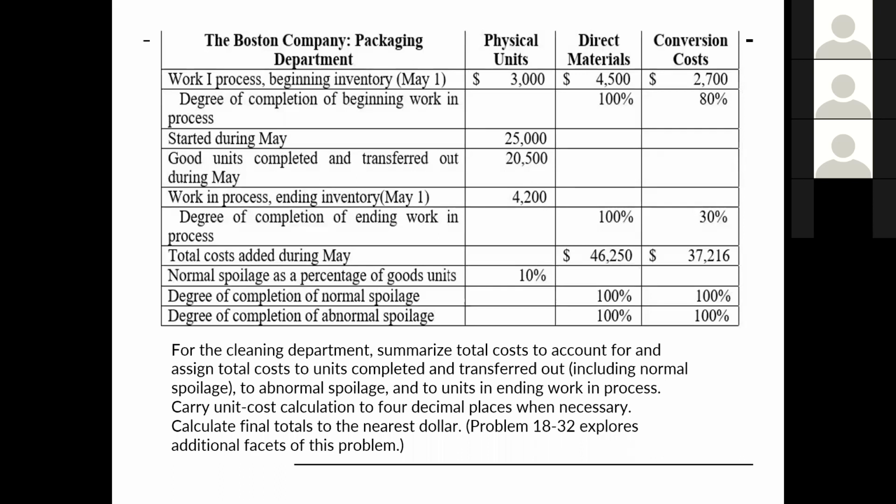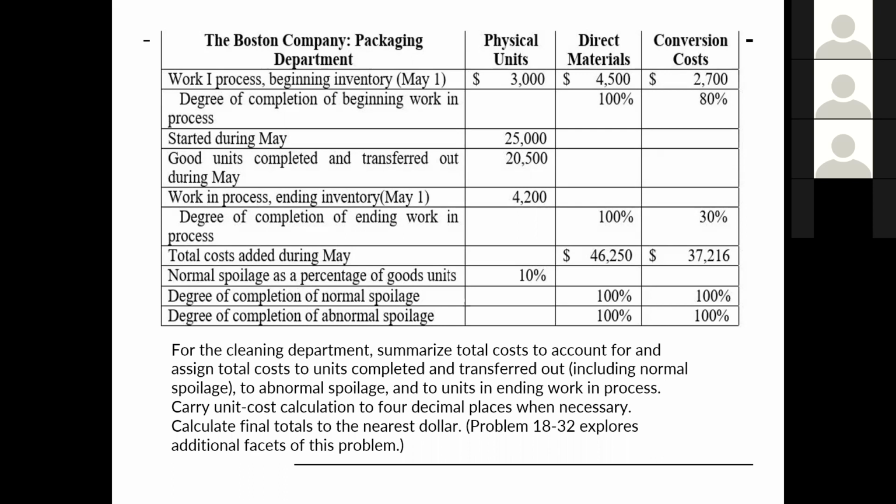Direct material is $4,500. Conversion cost is $2,700. Degree of completion of beginning work in process: direct materials 100% and conversion cost 80%.